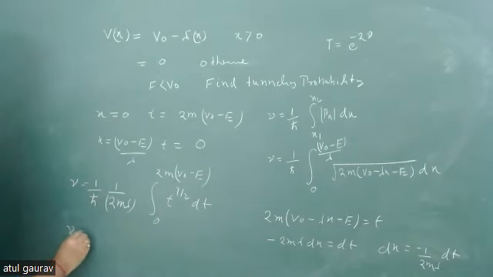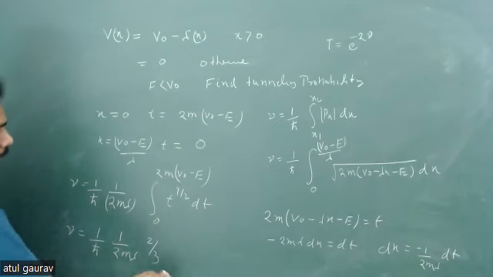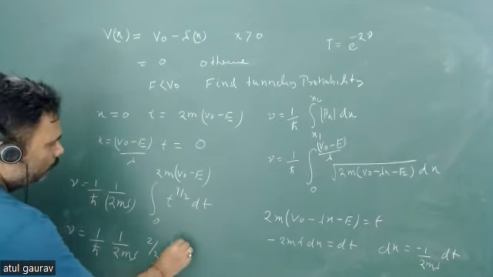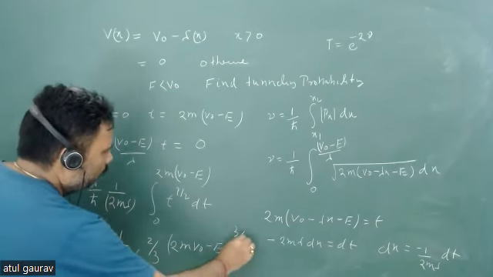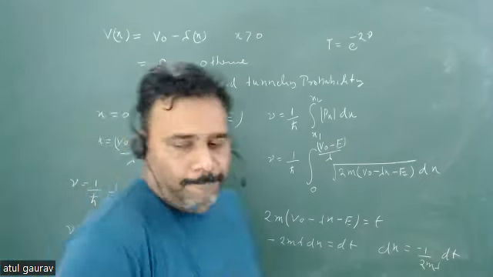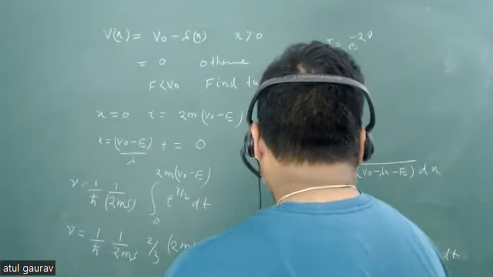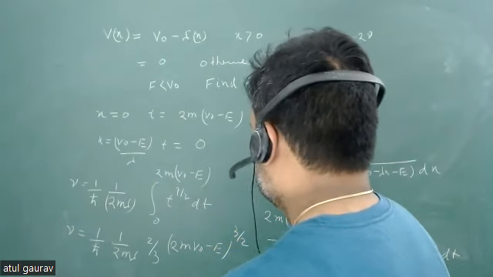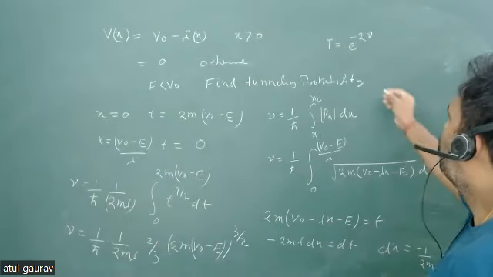So this gamma is equal to 1 upon h cut, 1 upon 2 by lambda, and this value is equal to what? 2 by 3, isn't it? Into (2m(V naught minus E)) to the power 3 by 2. Clear है ये? Yes? So what will be your T?